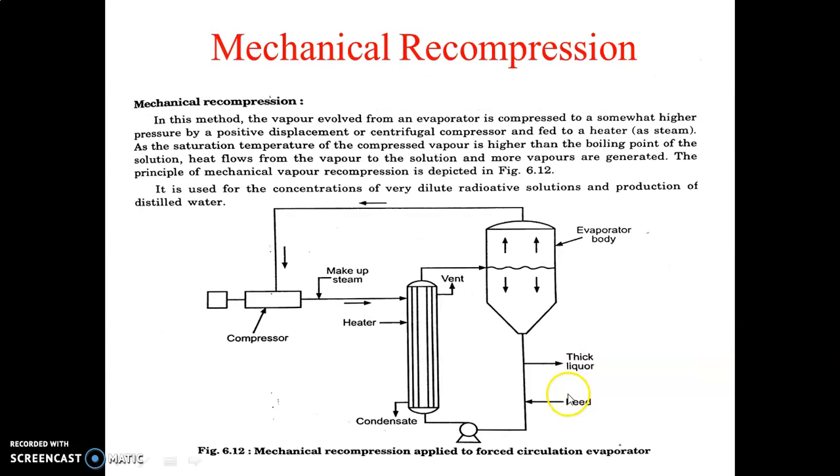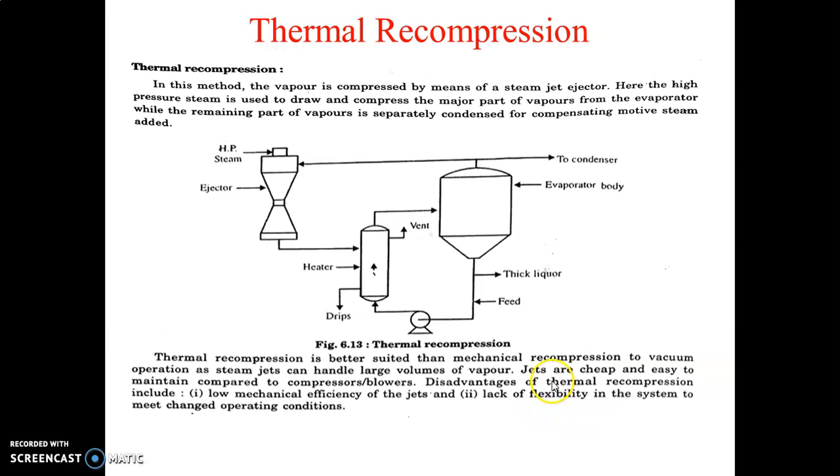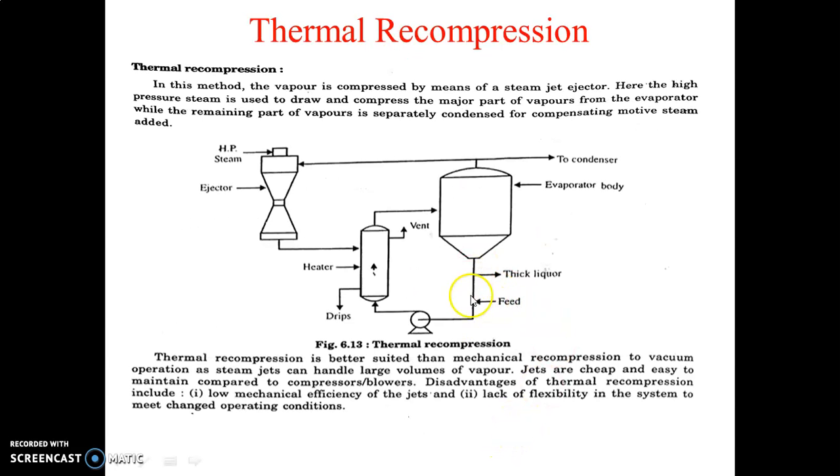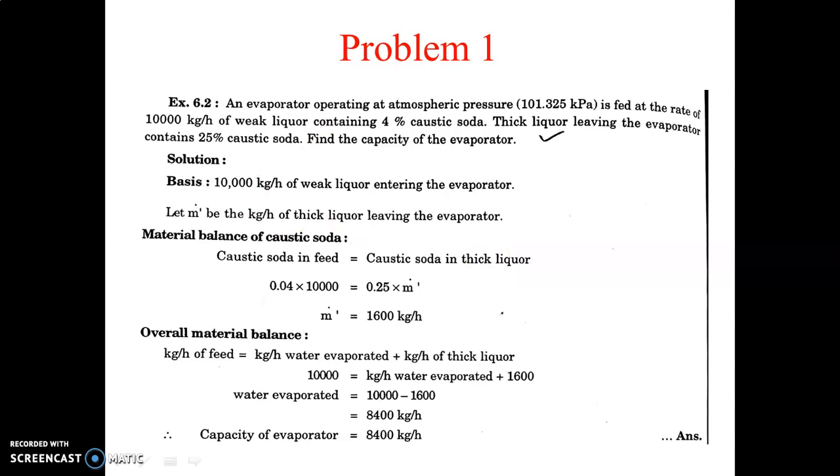This is the feed, which you add in this evaporator. So first we write the material balance. Here the solute is the caustic soda, and obviously the solvent is the water. So the remaining part is water.